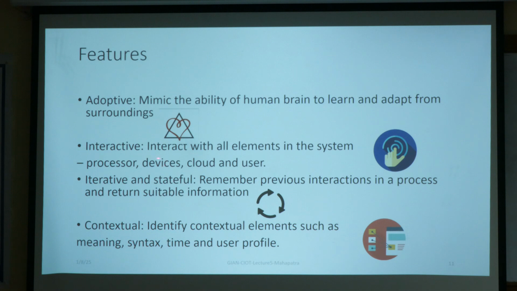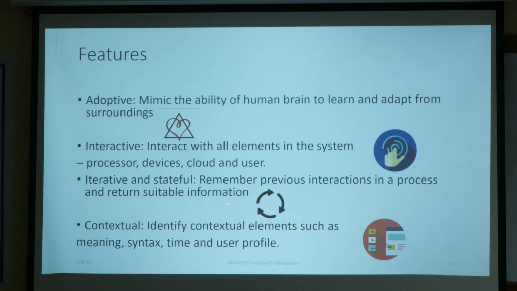Interactive means it interacts with all the elements in the system. A system is defined as processor, device, cloud, and user. It could be visual too. Then the third feature is iterative and stateful. It remembers previous interactions or experience in the process and returns suitable information.